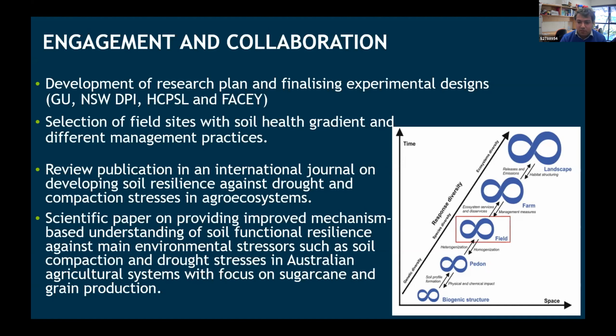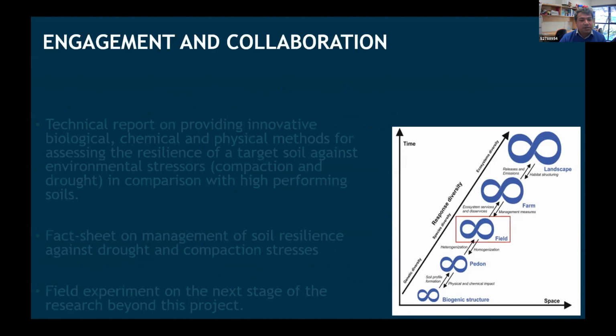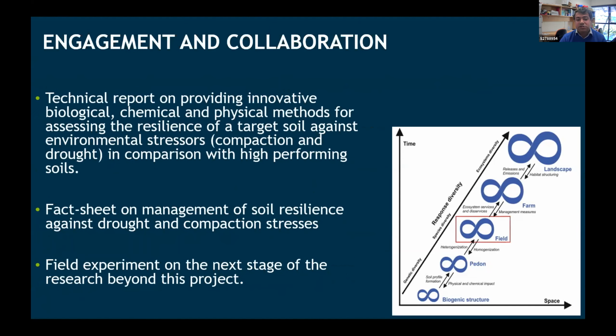We're in the process of providing a literature review paper, which will be useful both in Australia and worldwide to have a better understanding of the resilience of the soil against different environmental stresses, which is not a really simple concept when you bring it to the broad acre systems, and also providing different scientific papers, technical reports, fact sheets. But just remember, this is a lab-based experiment, and we're not applying anything to the broad acre field systems at this stage.